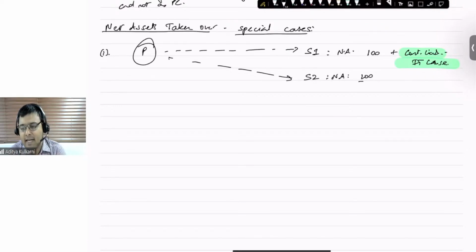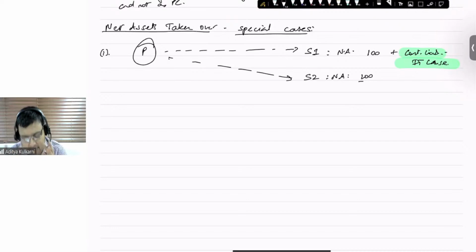So if a liability does arise in the future, it will be a loss for S1, and loss for S1 means a loss for P also. So therefore, ultimately P will think in this perspective, and between S1 and S2, P will obviously give a higher consideration to S2 and a lower consideration to S1.